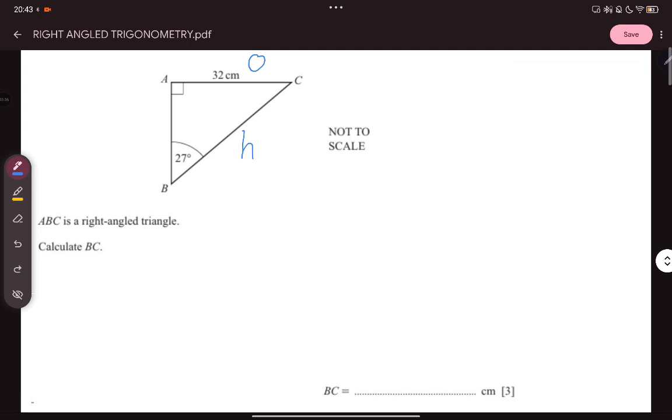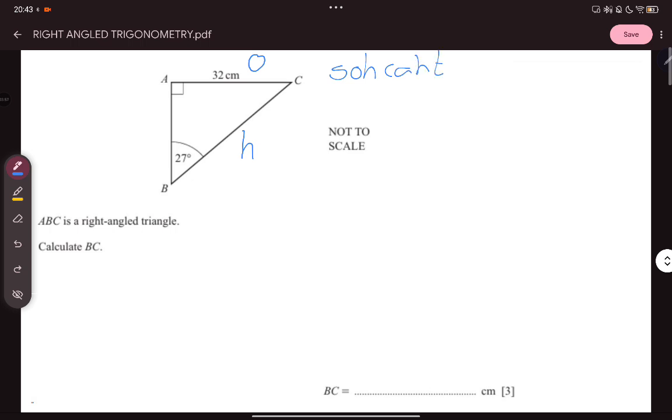The side A to B has the right angle and has the other angle, the 27, so if it's the side that has both of the angles, that's called the adjacent. In this case, I'm not going to label that one because we don't need it. They don't tell us what it is, and they're not asking us for it.